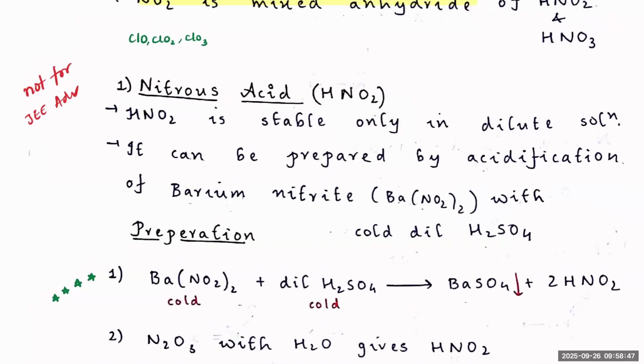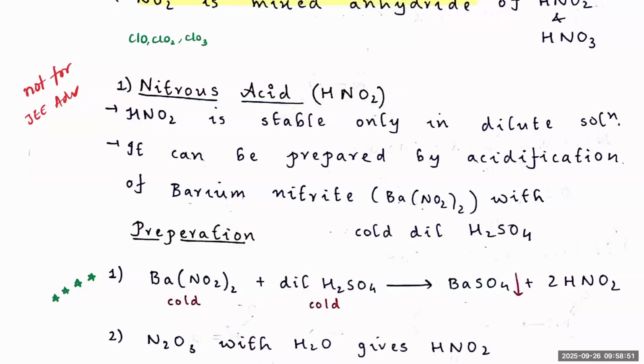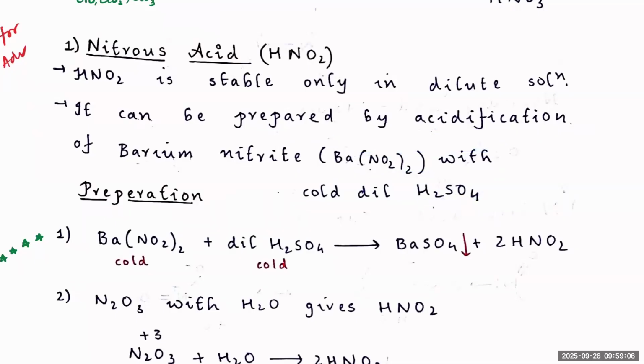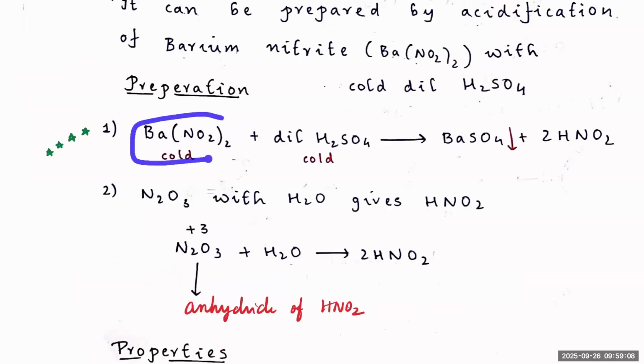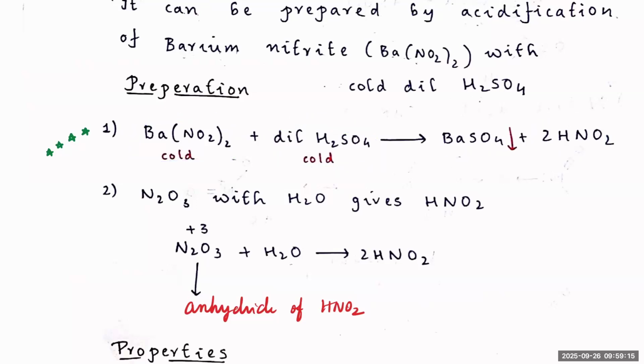Next, check out nitrous acid, HNO2. HNO2 is stable only in dilute solutions. It can be prepared by acidification of barium nitrite with cold dilute H2SO4. If I take barium nitrite and react with cold dilute H2SO4, barium sulfate will precipitate and the remaining will be HNO2.